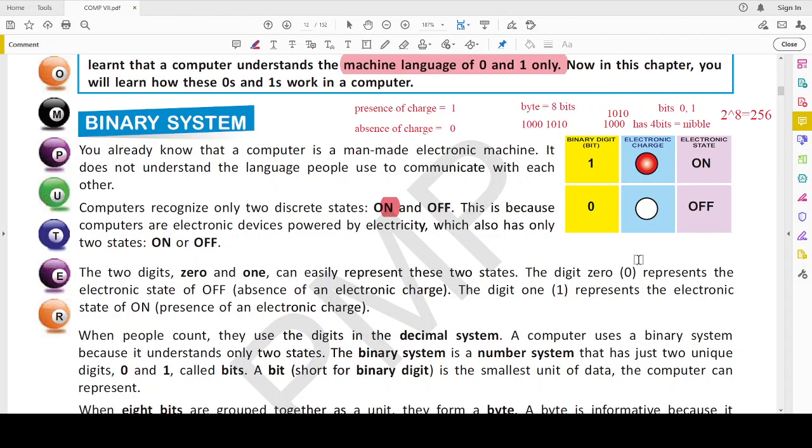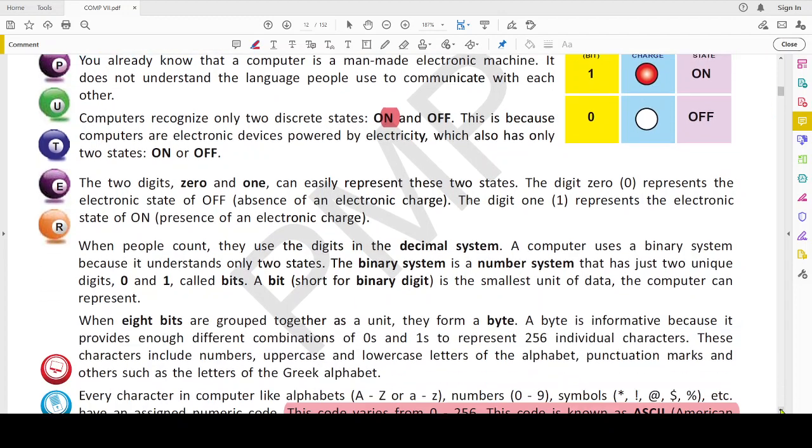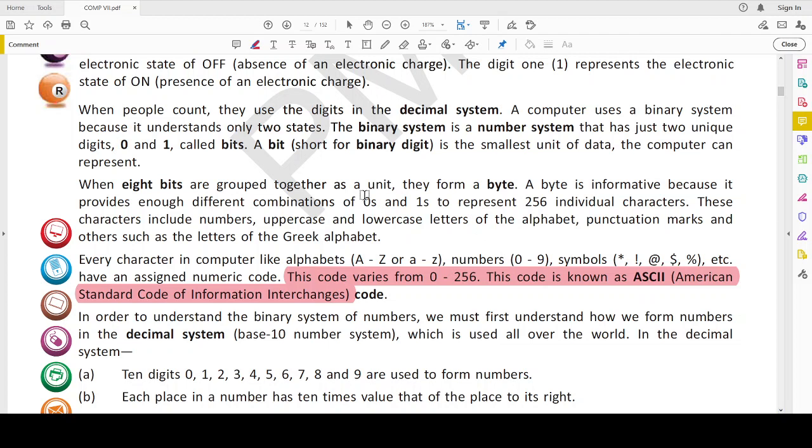And 4 bits grouped together is called a nibble, N-I-B-B-L, nibble. So 2 nibbles is equal to 1 byte.